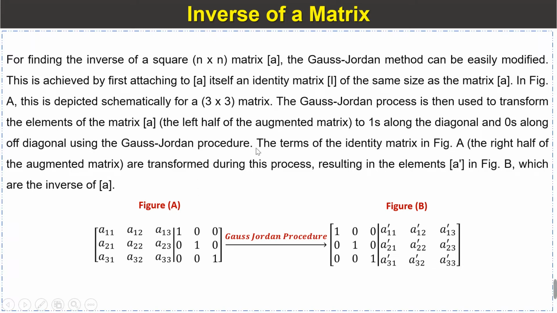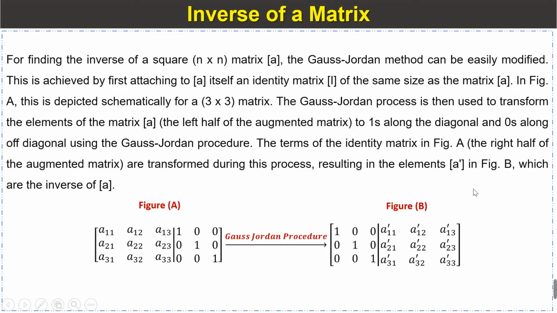The identity matrix on the right half of the augmented matrix is transformed during this process, resulting in the elements A dash like that.